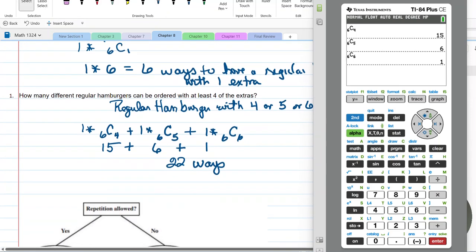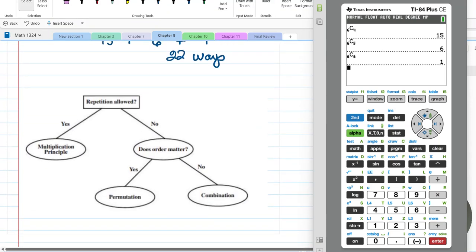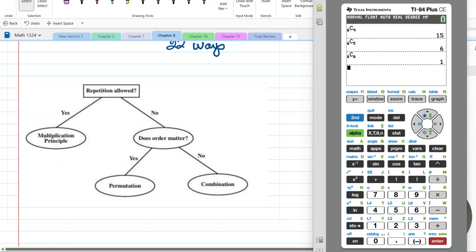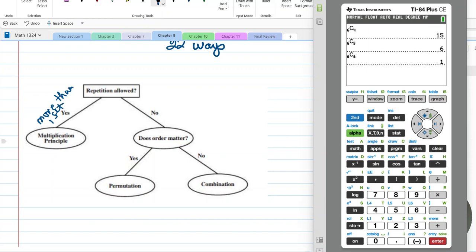All right. Now, this is something I took from the book, and it separates visually what takes place. If repetition is allowed, it's multiplication, and it's more than one set. If repetition allowed is no, then does order matter?